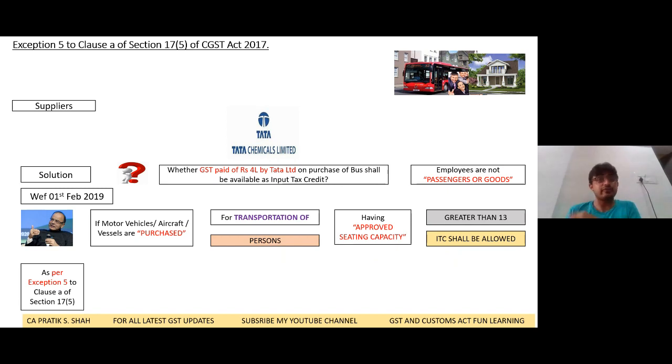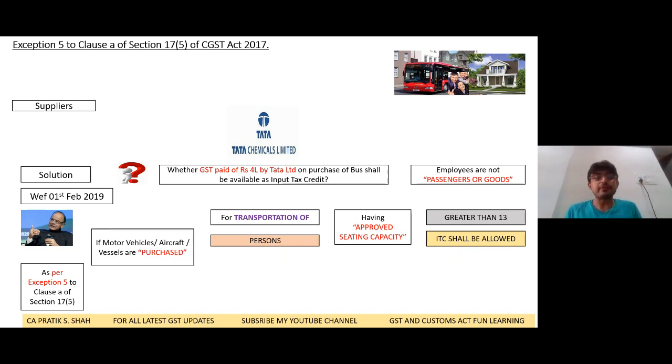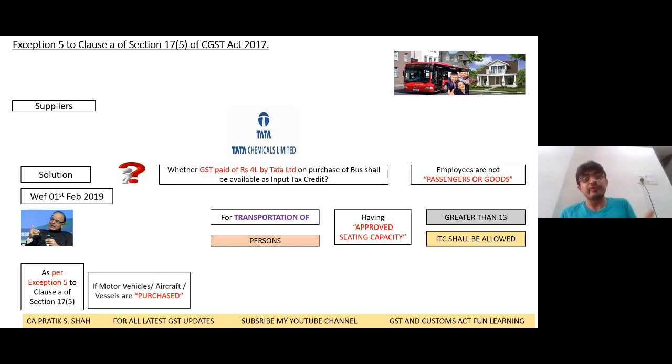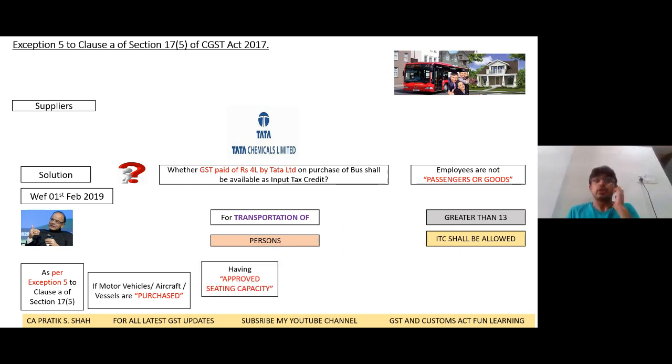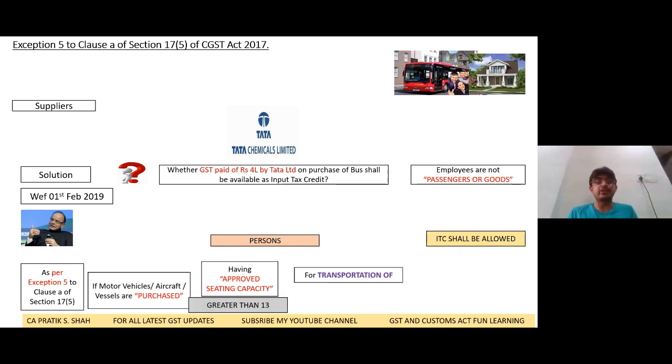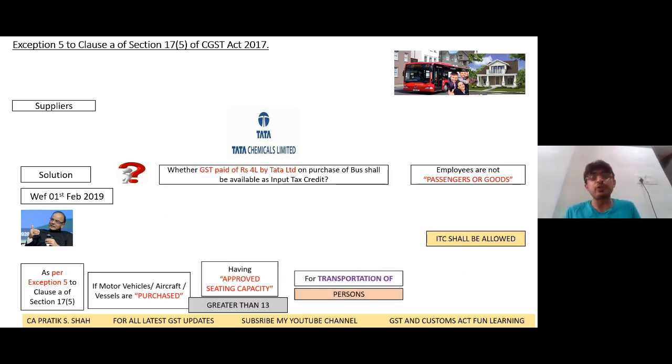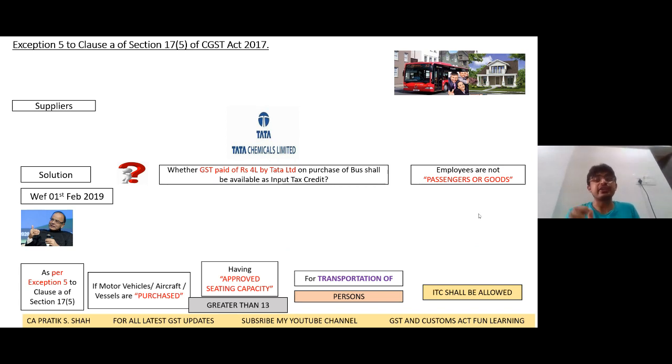This is the 5th exception, which dates from 1st Feb 19. Clear? Chalo. ITC shall be allowed.